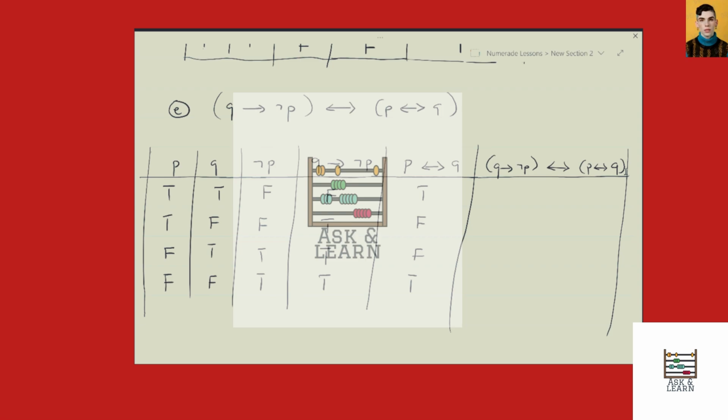So which parts are having the same truth value? This is false, that is false because they are not having the same truth value. This is false and that is true.